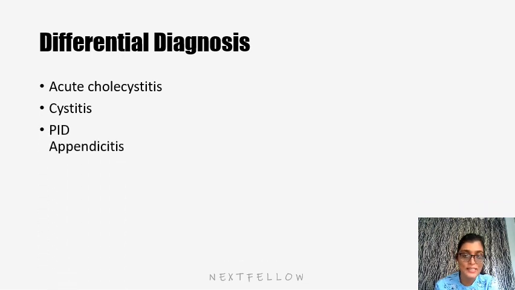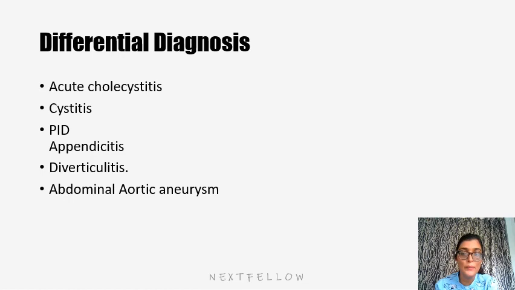In cystitis, pelvic inflammatory disease (PID), and appendicitis, obviously right lower quadrant pain is associated with nausea and vomiting. Always think of appendicitis, but renal colic can also be one of the causes.